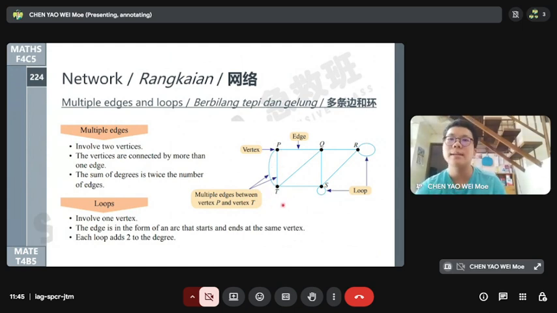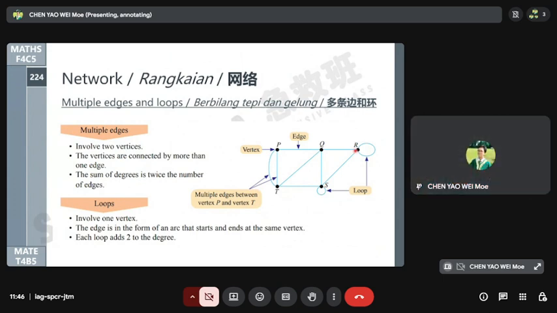For loops, one vertex connects to itself, and each loop adds 2 to the degree, because the edge goes out from the vertex and comes back in to the original place. So we add 2.